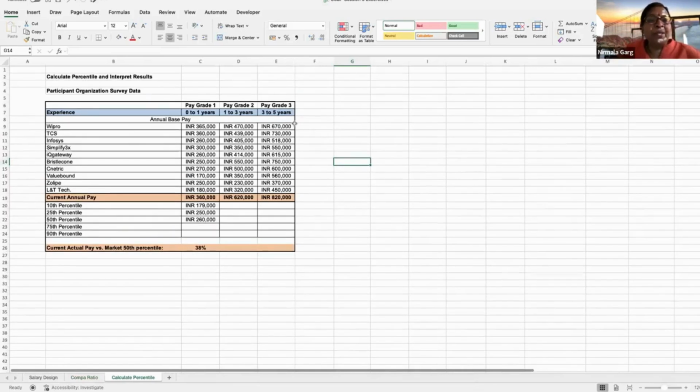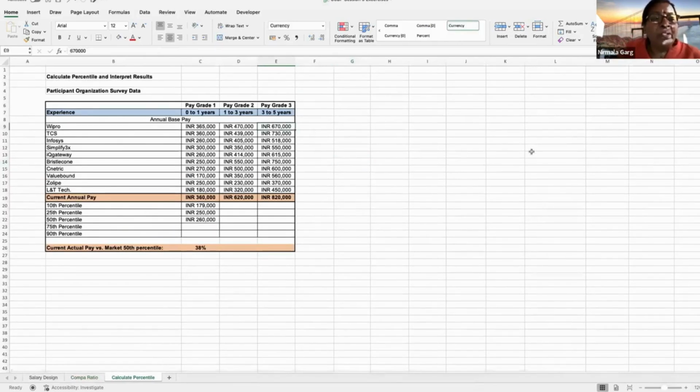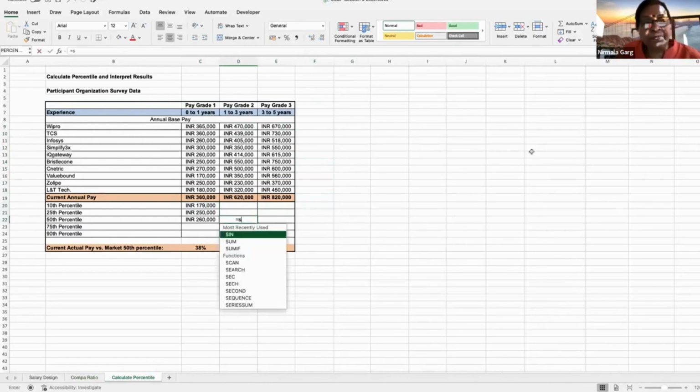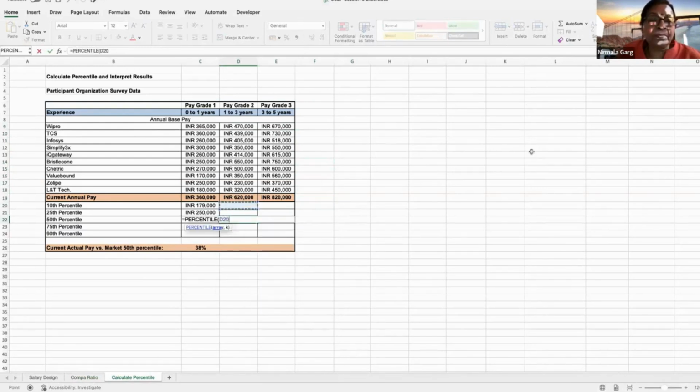Calculate percentile. Okay. Now, this is the data of a grade 2 with 1 to 3 years, and this is the market median data. Now, you have to calculate the 10th percentile. Don't calculate the 10th percentile. Calculate the 50th percentile and the 75th percentile. That's it. So it's percentile, the data, and then 0.75.